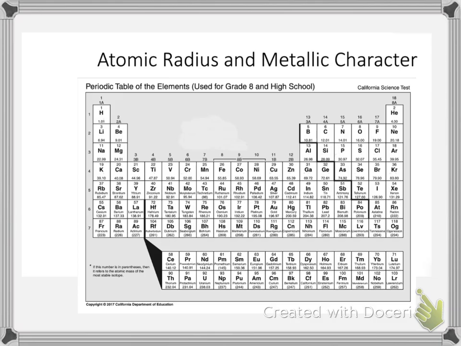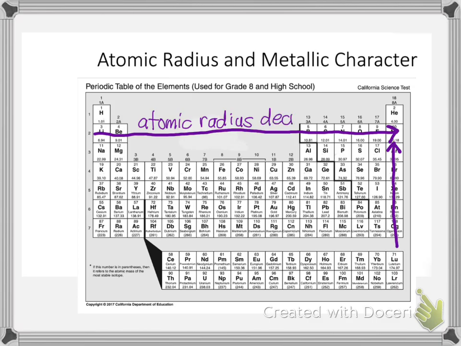Okay, so I'm going to get two different colors, and I might make it a little bit thicker here. All right, so let's do atomic radius first. Atomic radius, as I go across here, decreases.